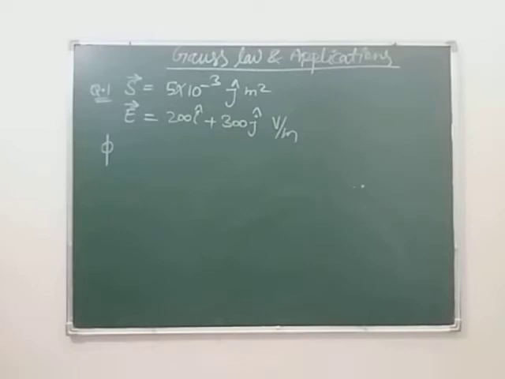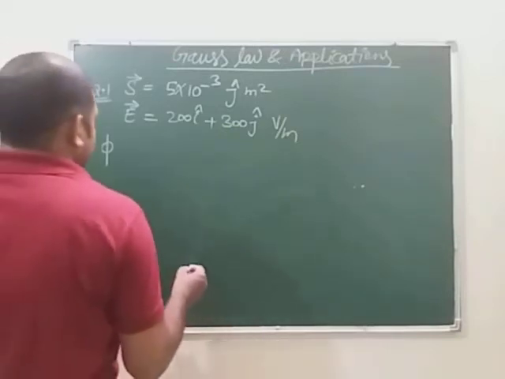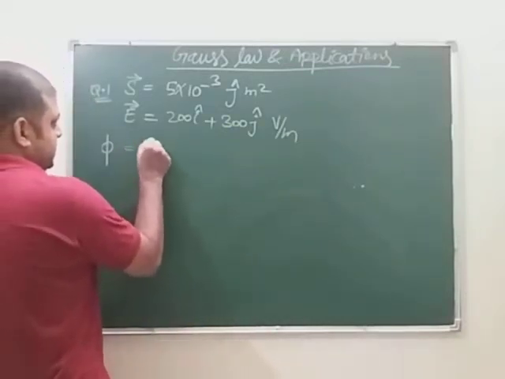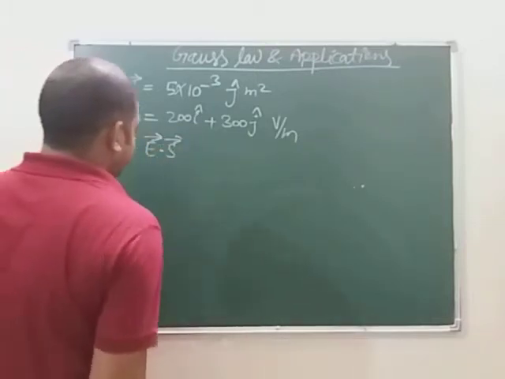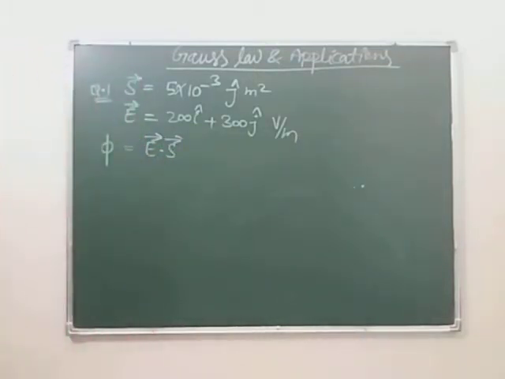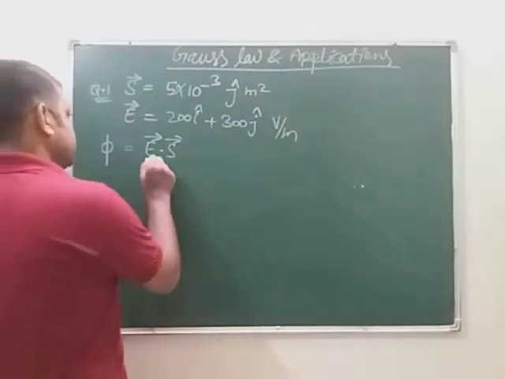So we can simply multiply these values and we'll get our answer. It is not a difficult one. We know that the formula is E dot S. In a dot product, we can always multiply only the same things.